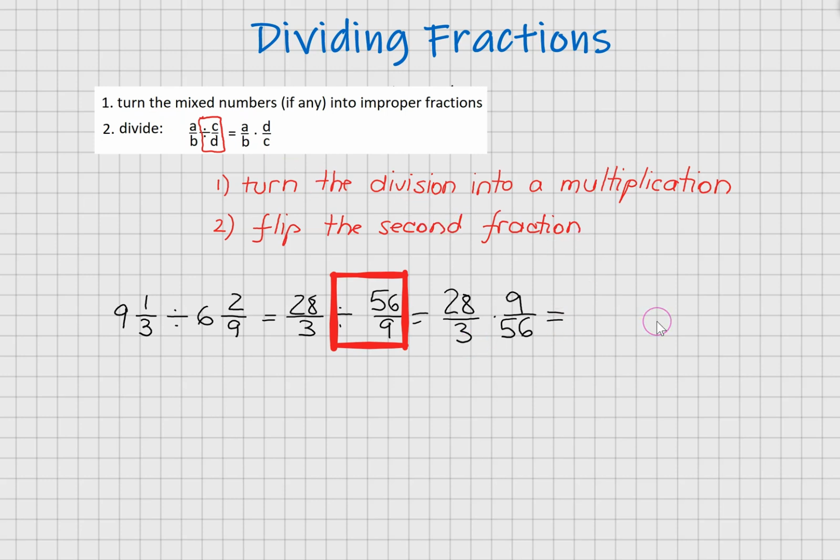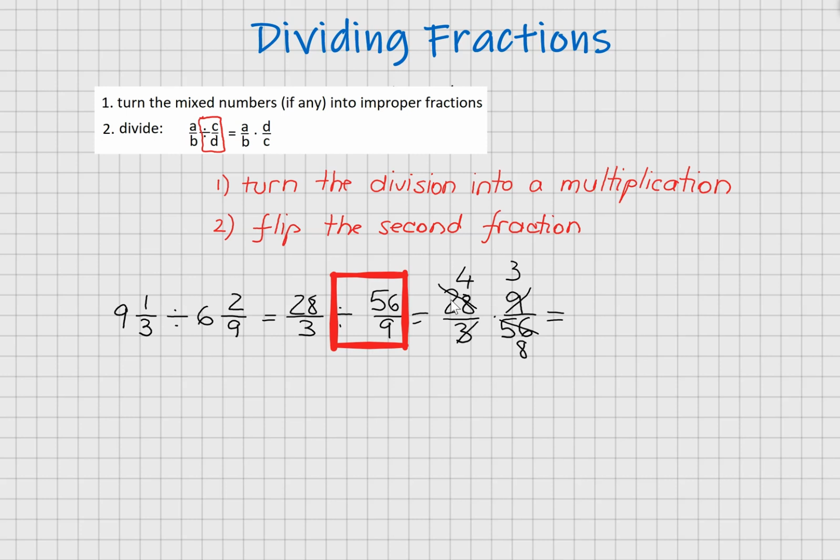Can we simplify? Yes. 9 and 3 both can be divided by 3. 3 divided by 3 is 1. 9 divided by 3 is 3. 28 and 56 both can be divided by 7. 7 goes into 56 8 times. 7 goes into 28 4 times.